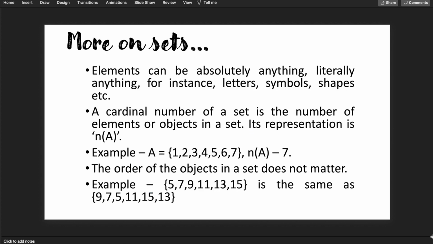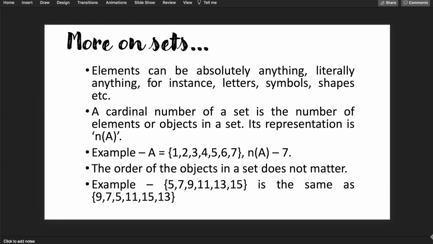Okay, more information on the sets. Elements can absolutely be anything, literally anything. For instance, letters, symbols, shapes, etc. You can also make it the grocery list of yours, or anything, whatever you could think of, but they should have something in common.